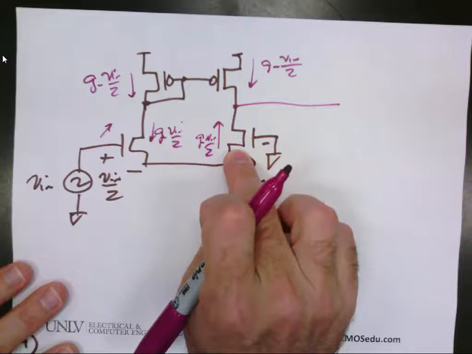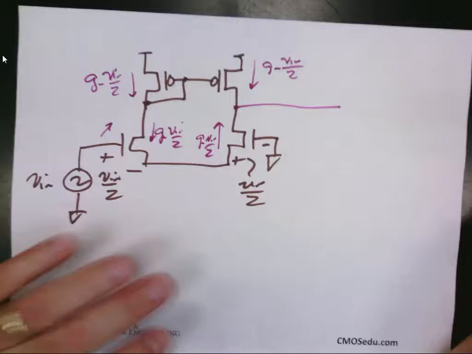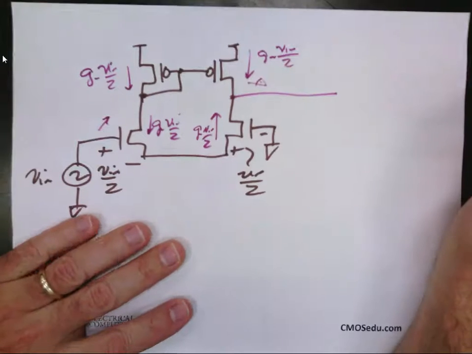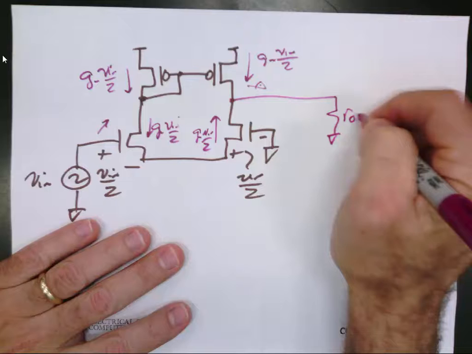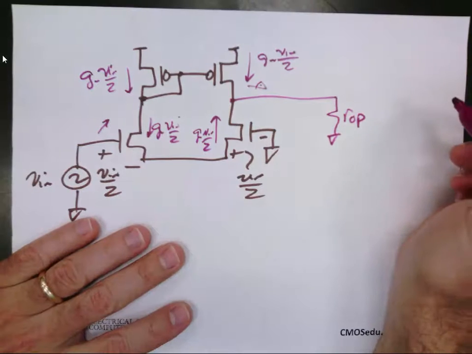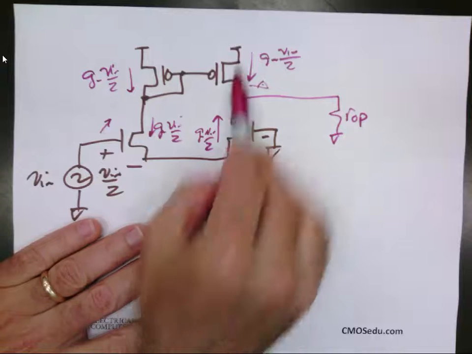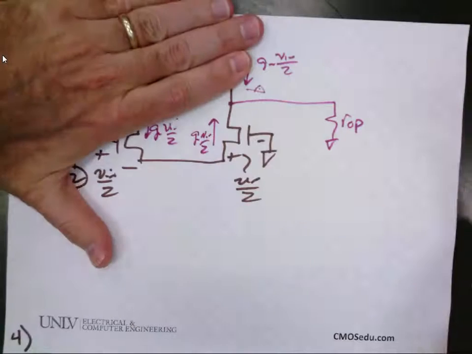Am I going too slow? So, what's the resistance I see looking up in there? ROP, right? That means this device I can replace with a resistor to ground of ROP, and forget about all the other circuitry over here.